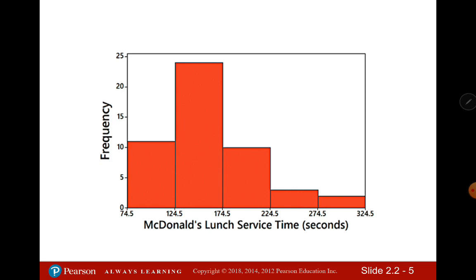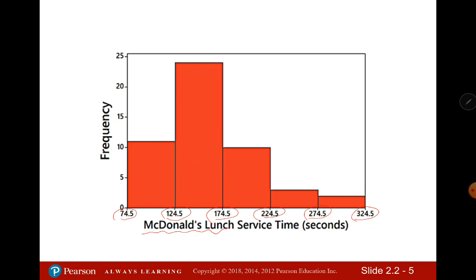So this is an example of a histogram. This is the same example as our frequency table. We still use the lunch service time from McDonald's. Remember when we check the horizontal scale, we have these numbers. Remember in the first section, I mentioned that these are our class boundaries.